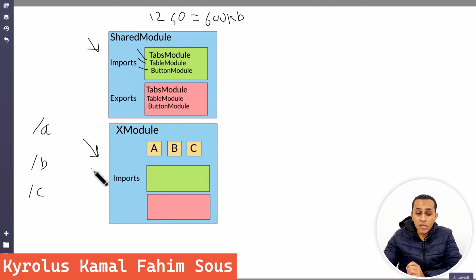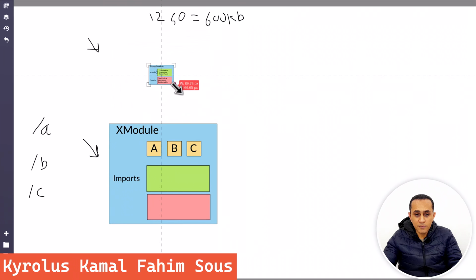Because component A needs the tabs module, component B needs table, and component C needs the button module, we will import this shared module inside the X module here.